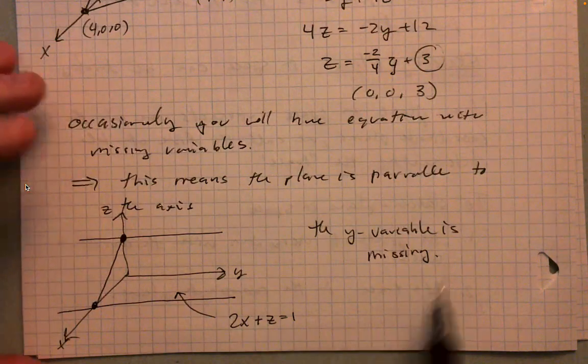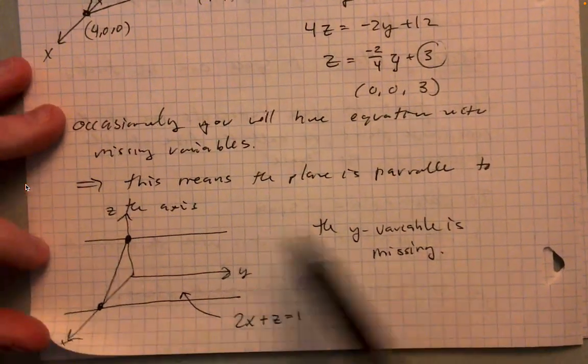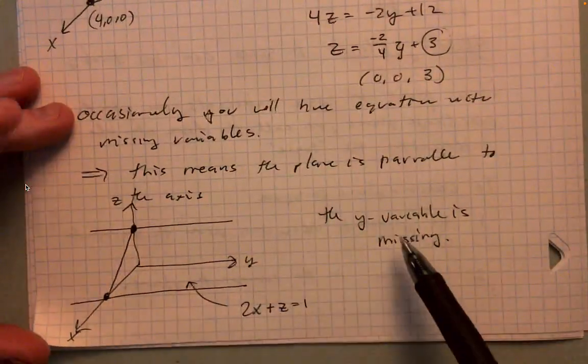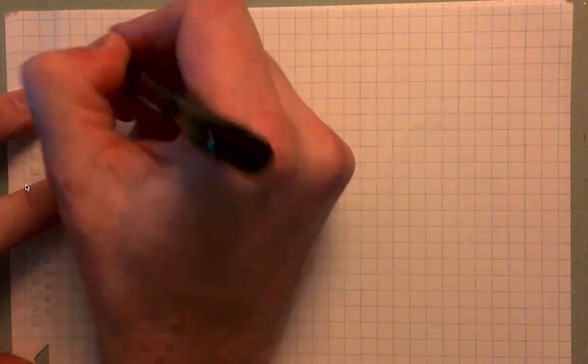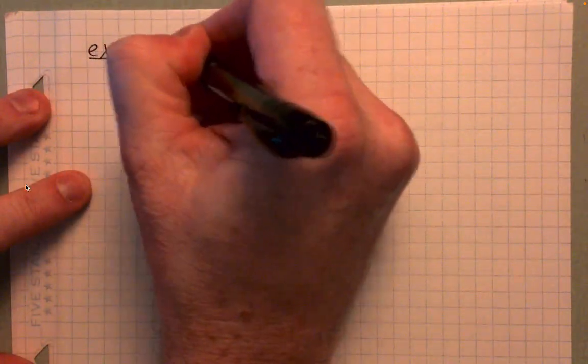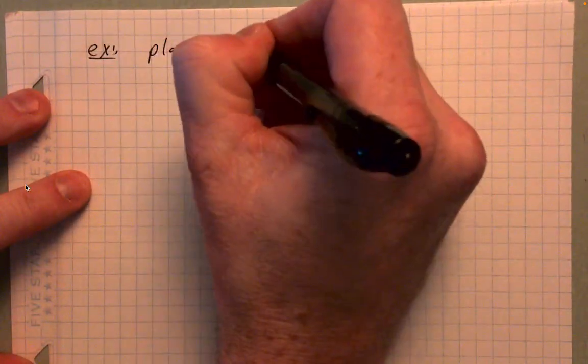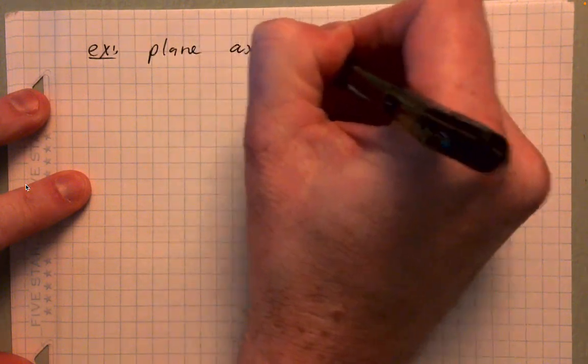Now, so that's the case where you have a plane that's parallel to one of the axes. It can also be the case that your plane is parallel to more than one axis. Right? Let's do an example like that. Let's see what that would look like. So if I have a plane that looks like this, maybe ax plus d equals 0.